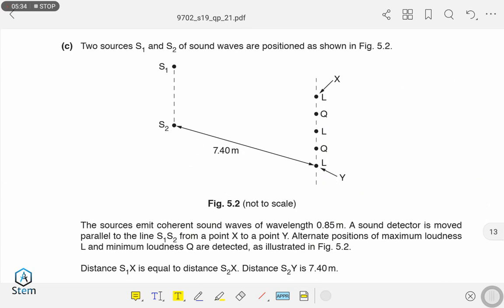Two sources S2 and S1 of sound waves are positioned as shown in Fig 5.2. The sources emit coherent sound waves of wavelength 0.85 meters. A sound detector is moved parallel to the line S1 S2 from a point X to a point Y. Alternate positions of maximum loudness L and minimum loudness Q are detected, as illustrated.